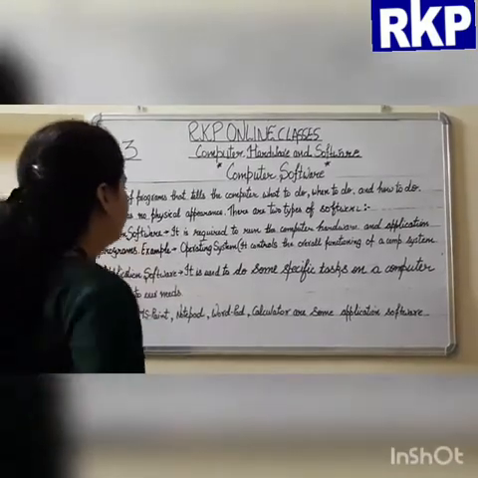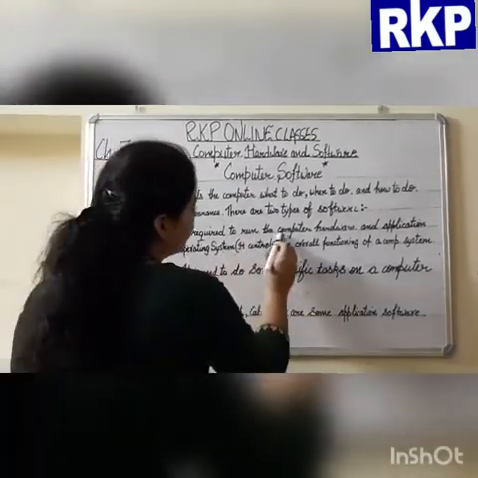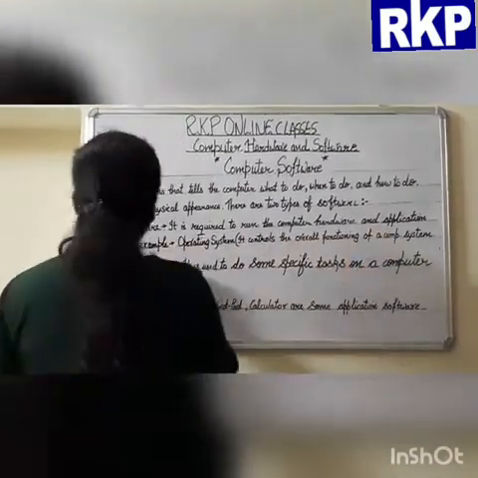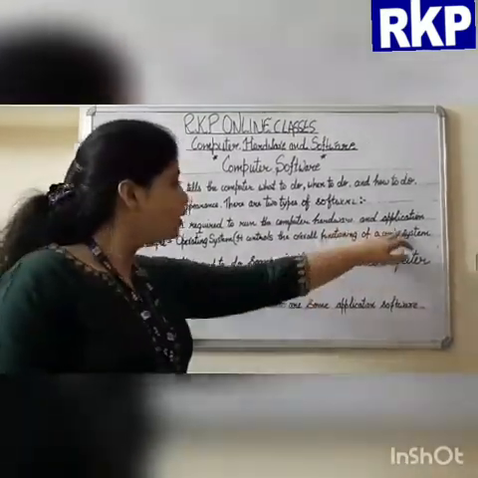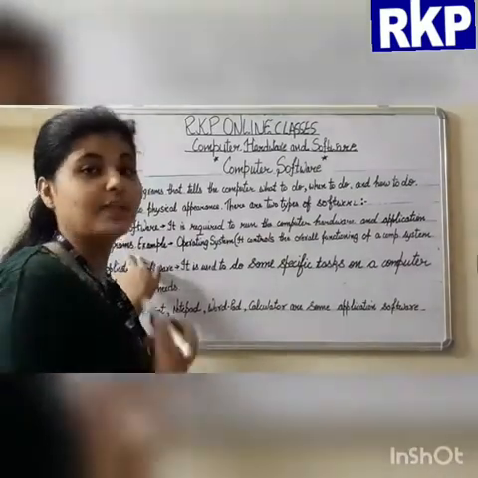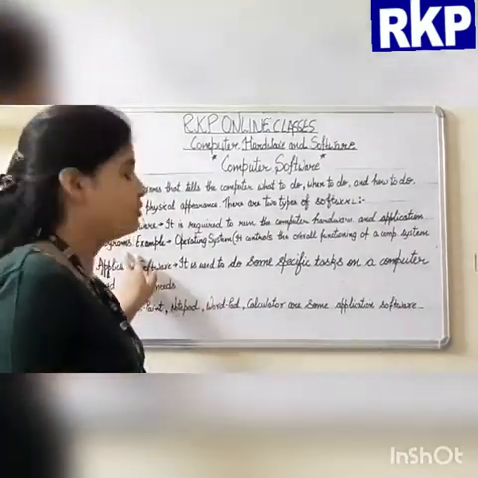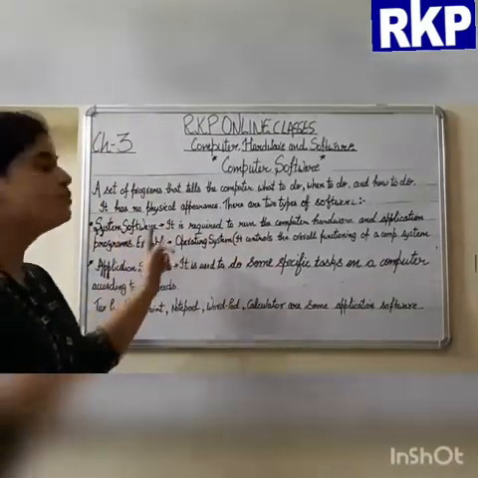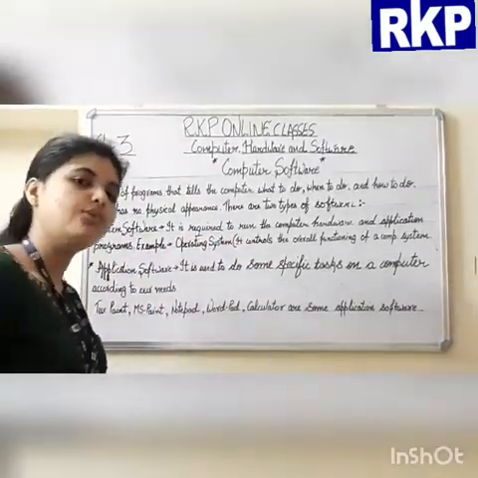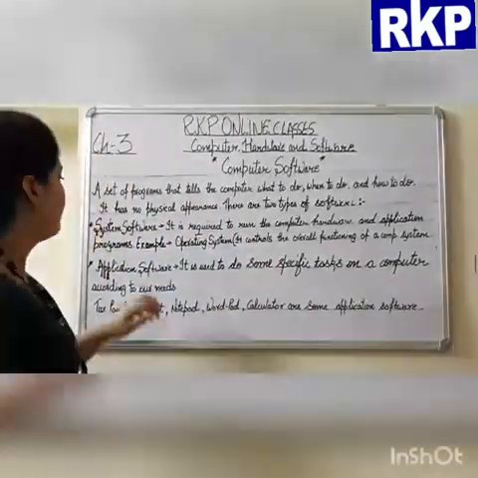System software is required to run the computer hardware and application programs. In order to run the computer or the application programs that we install on our computer system, we need system software, which is a part of computer software.